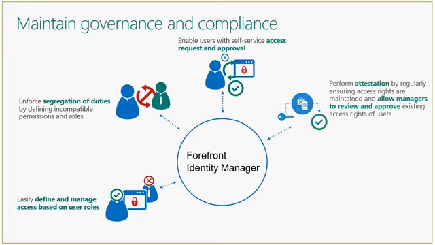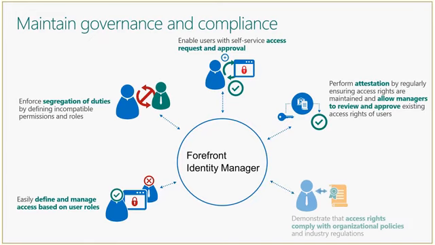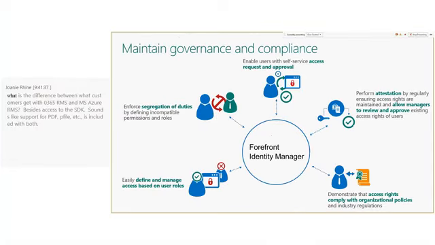We want to do attestation to make sure you have access to what you should have access to and nothing you shouldn't. We need to allow managers to review and approve those rights. And then we need to be able to demonstrate that you are complying with organizational policies and industry regulations. We provide this through the Identity Manager solutions today. It is a small part of the portfolio. We'll have more on this in the future.